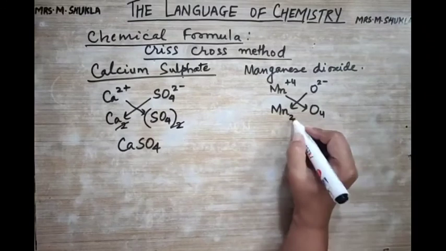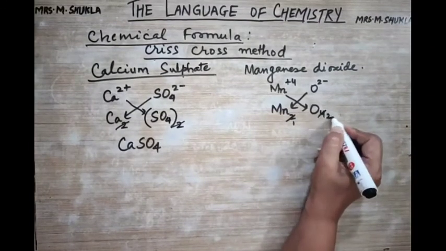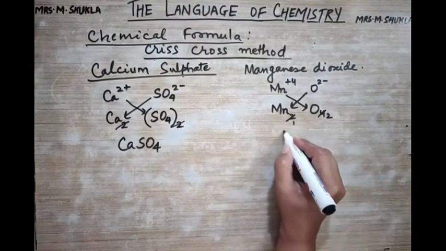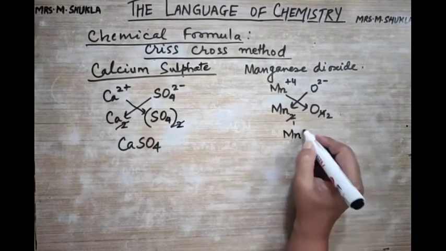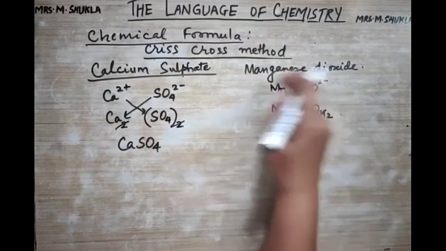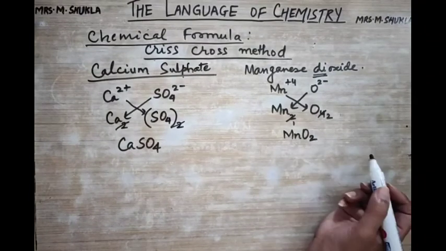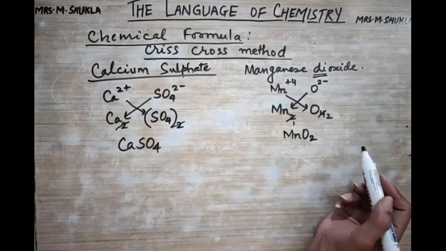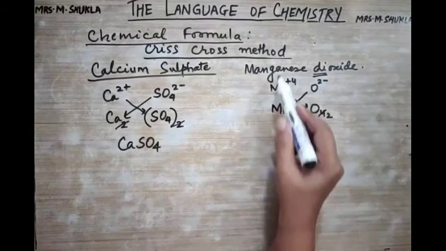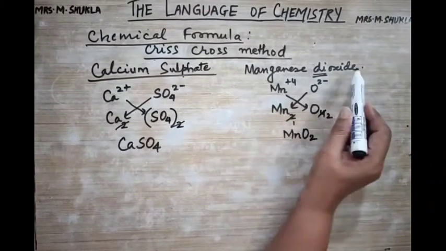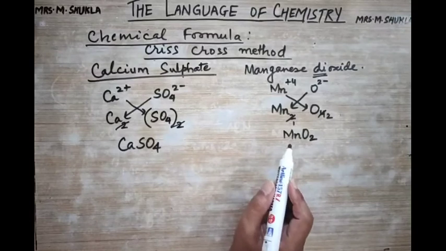It can be cancelled. 2, 1, 2. 1 has no meaning, so MnO2. Manganese di means 2, dioxide, 2 oxide, 2 oxygen atoms present here. That makes it dioxide. So this is the formula. MnO2 is the formula for manganese dioxide.